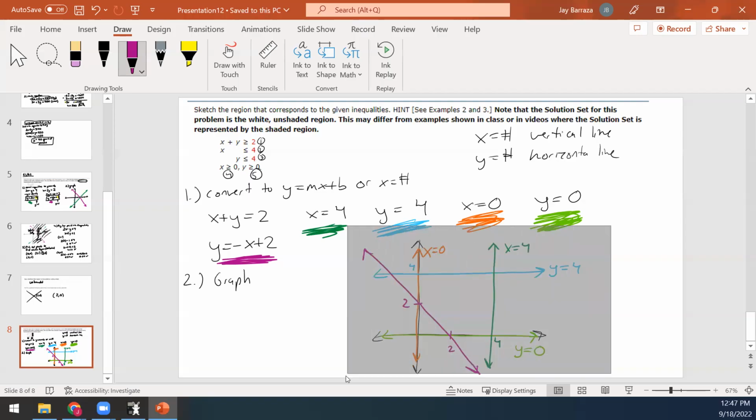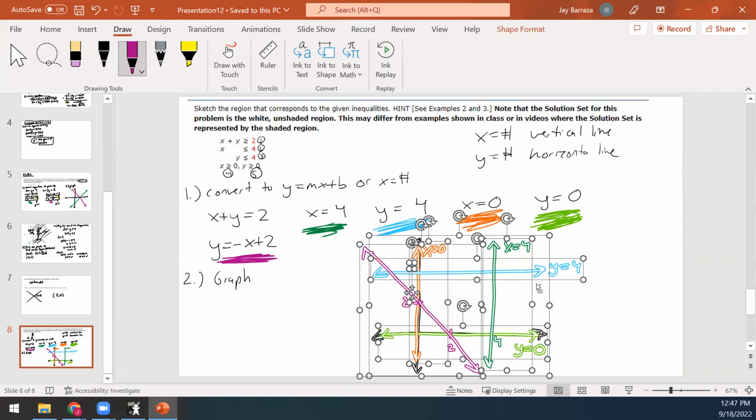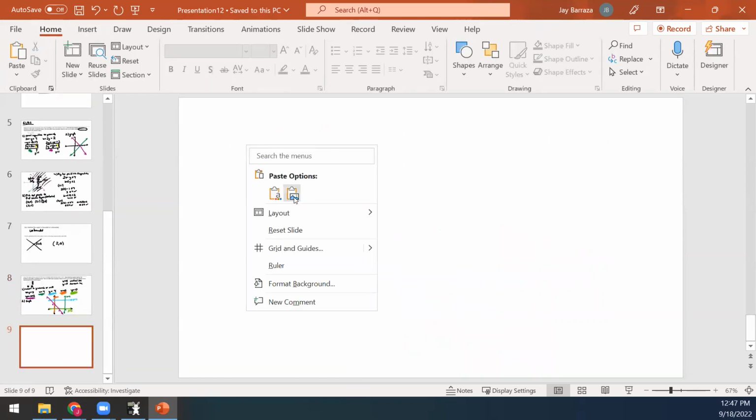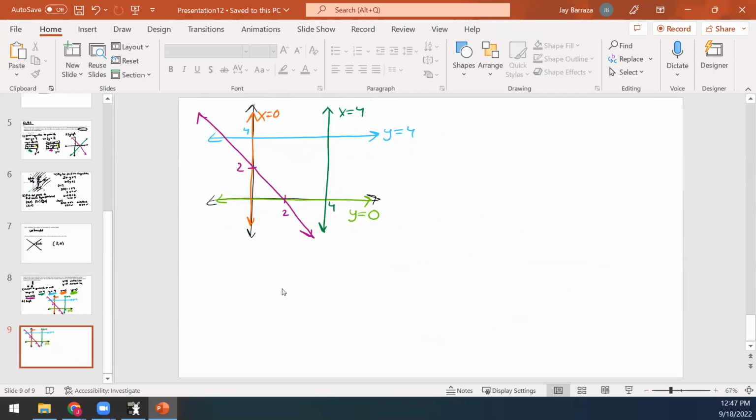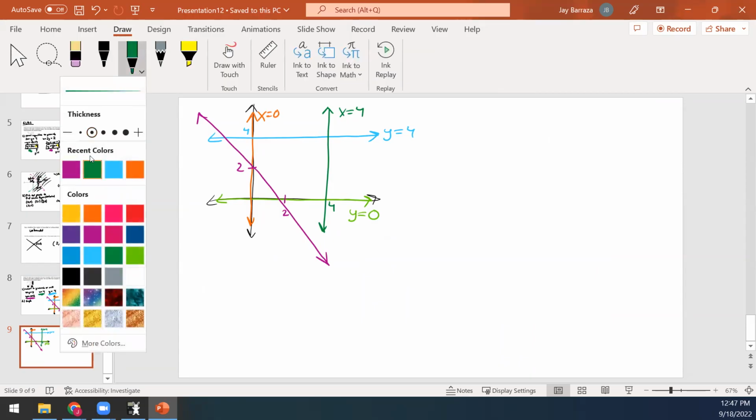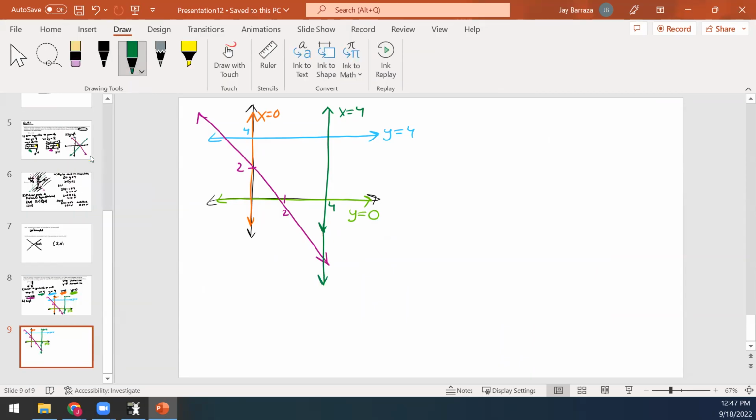So I'm going to take this right over here, and I'm going to copy it into the next slide so that we have it right here. And then I'm going to add just some extension to it. Just so that the dark green crosses right there. And so let me count for you how many regions you have to check. So you have this region, number 1.